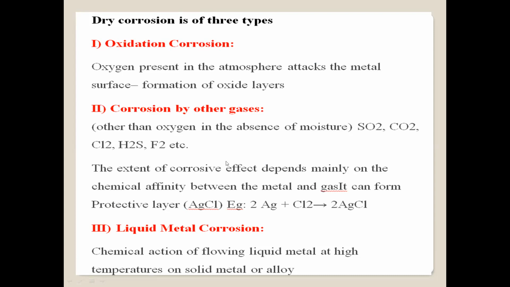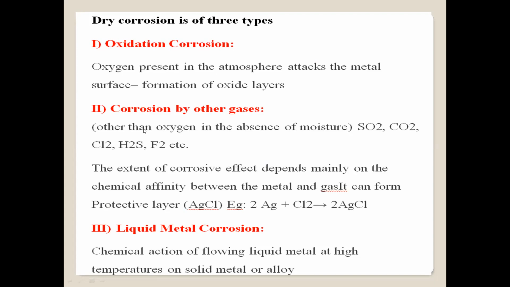So these are the three types of dry corrosion. First of all, corrosion is of two types: dry corrosion and electrochemical corrosion. Dry corrosion is again of three types. Oxidation corrosion, which is due to oxygen.